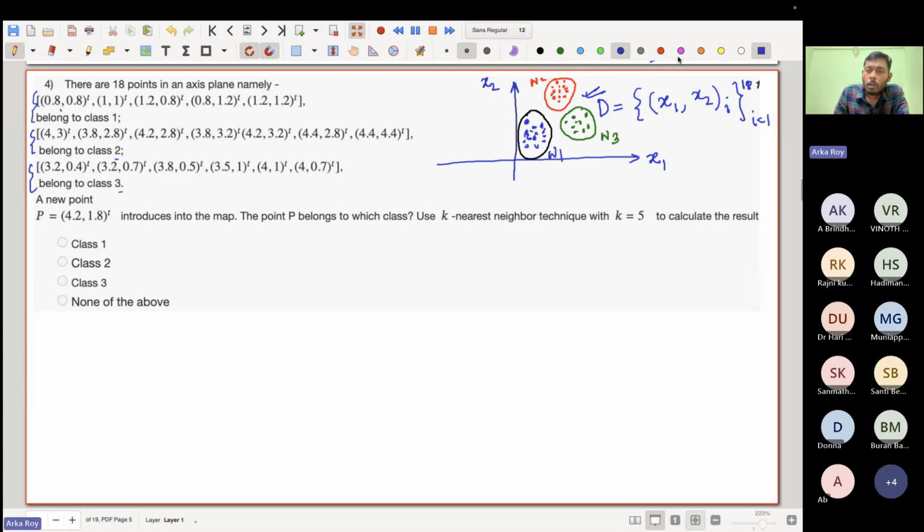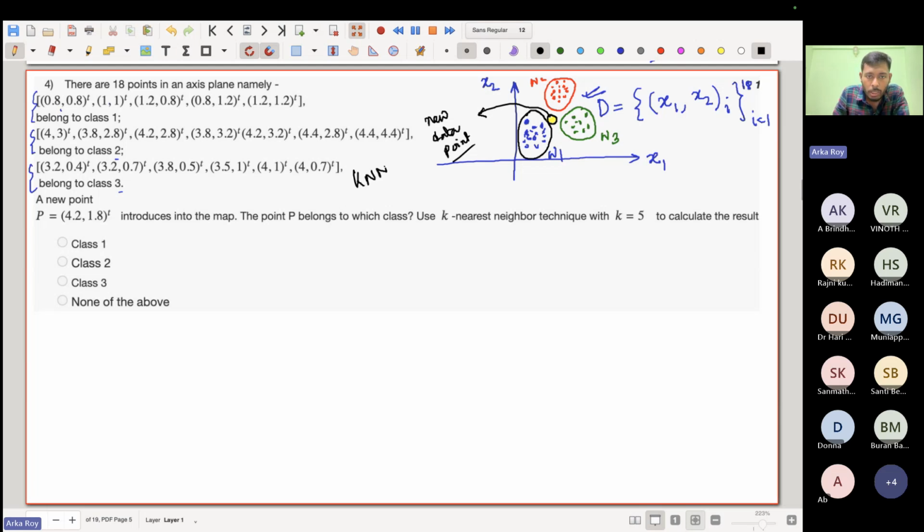Now at the testing time, you have got another data point. Let's say this is the data point that you have over here. This yellow one is the new data point. Now you have to decide based on the k nearest neighbor with k equal to 5.